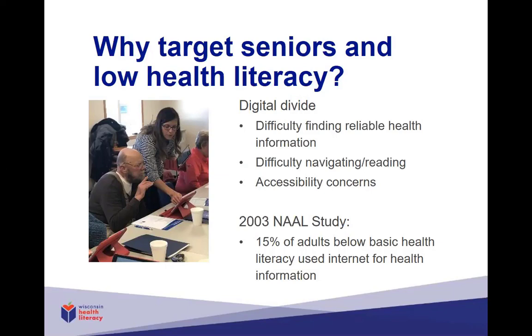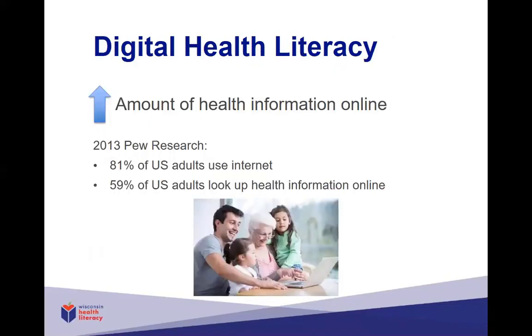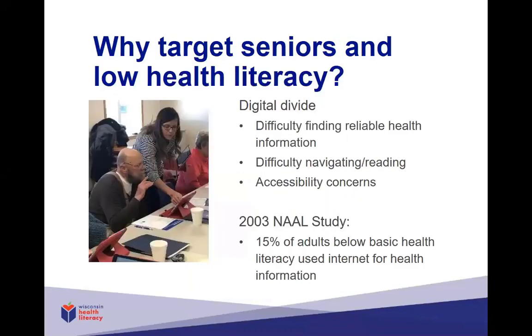And when we look at the statistics itself, this is back from the 2003 NAAL study, 15% of adults below basic health literacy used the internet to find health information. So back again, when we were looking at the previous slide, 81% of US adults use the internet, 59% of the adults look up health information. When we have that digital divide, only 15% were those with low health literacy because of the difficulty that I mentioned above.